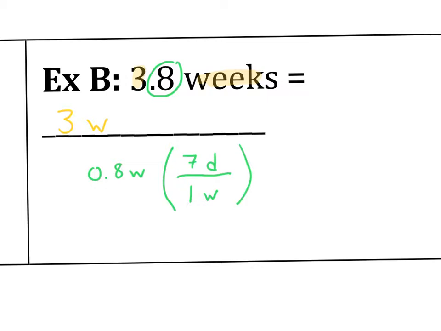All right, now the w's cancel out, and all we have to do is with our calculators multiply these two here. So this here gives me 5.6 days. So our algorithm has to repeat. I'm going to take this 5 right here and say 5 days, and the 0.6 has to be converted.